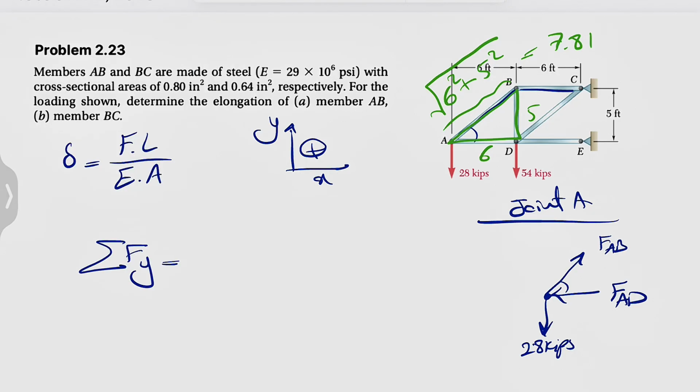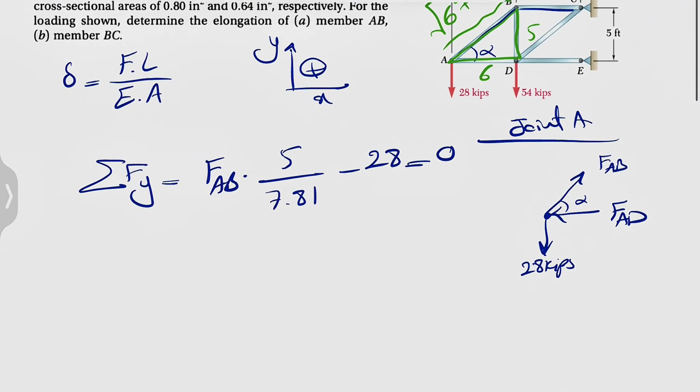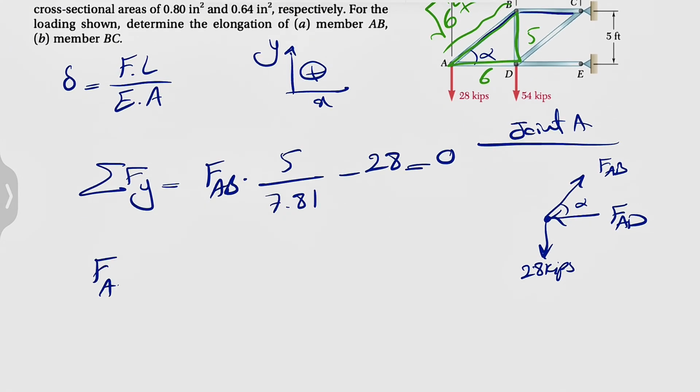that's going to be 7.81. To find the Y component, we have FAB times sine of alpha, which we call this angle here. So opposite 5 over the hypotenuse 7.81, minus 28 equals 0, again because of the equilibrium, the sum of all forces has to be equal to 0, and we can find FAB here.